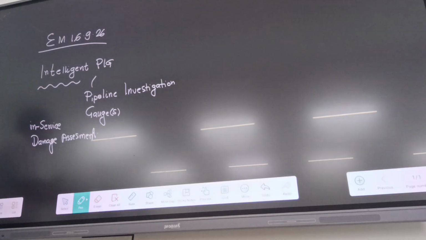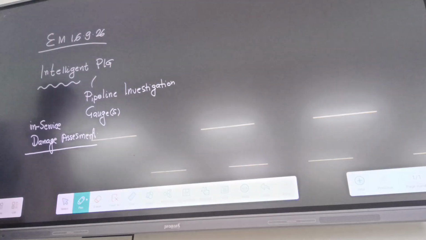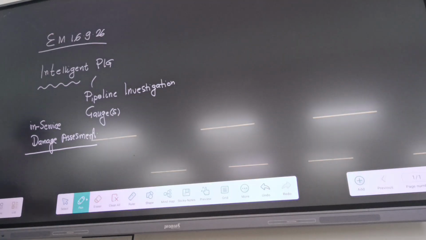During the service, we need to identify if any sort of damage has occurred or there is a possibility of such occurrence. For that we require this pig.